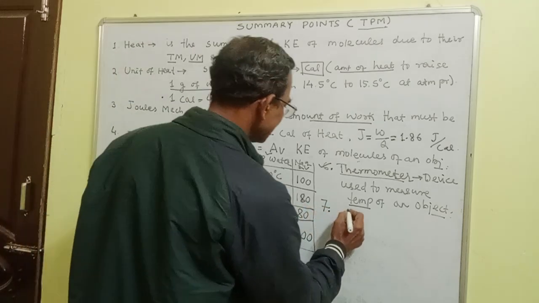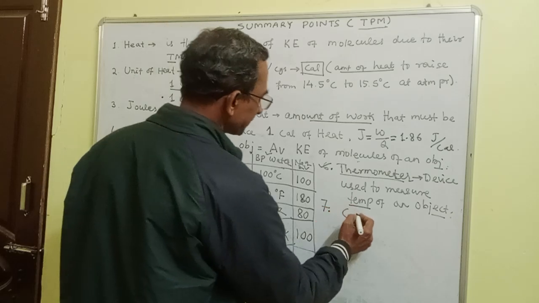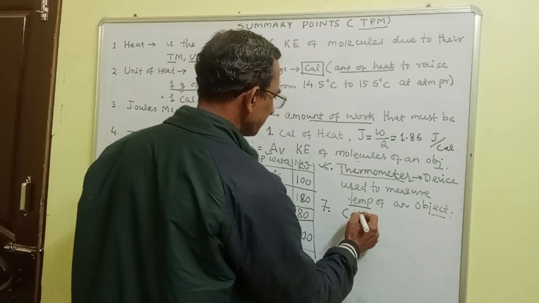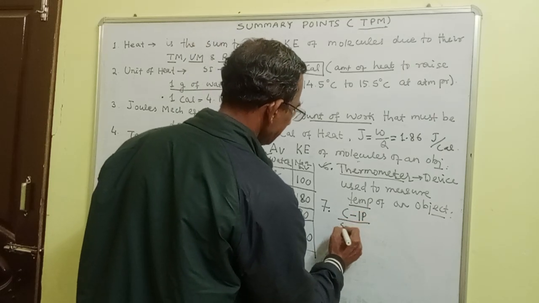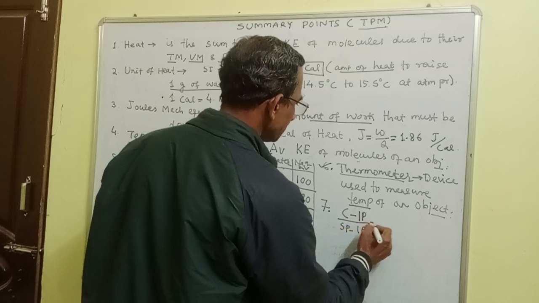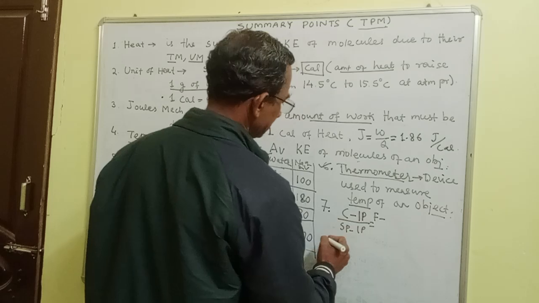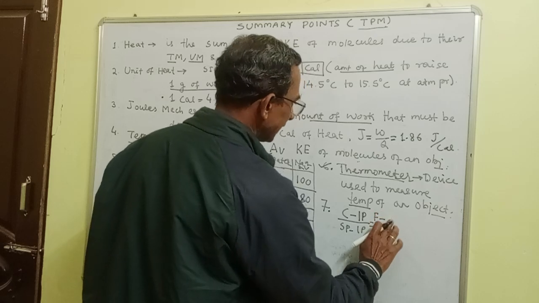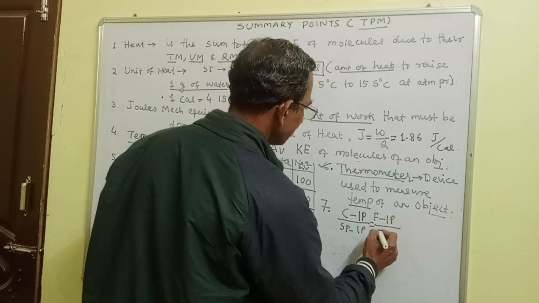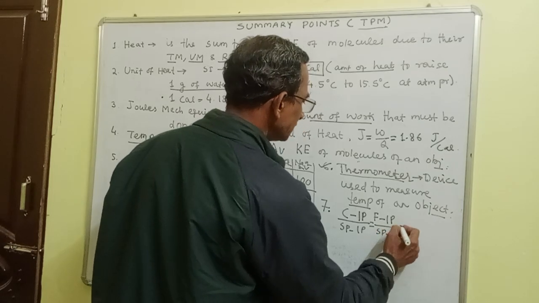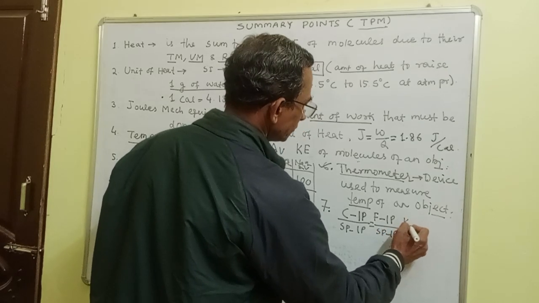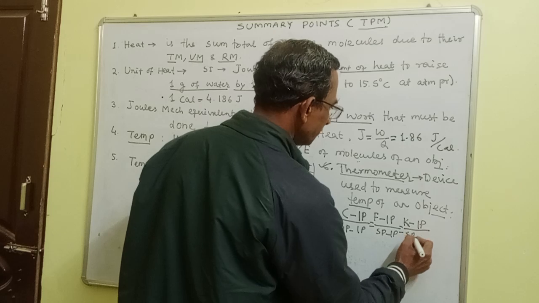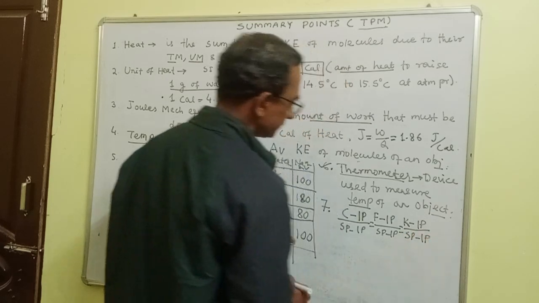Here we take (C minus ice point or melting point of ice) by (steam point minus ice point) is equal to (Fahrenheit value minus 32 minus ice point) by (steam point minus ice point), which is equal to (Kelvin scale value minus ice point) by (steam point minus ice point).